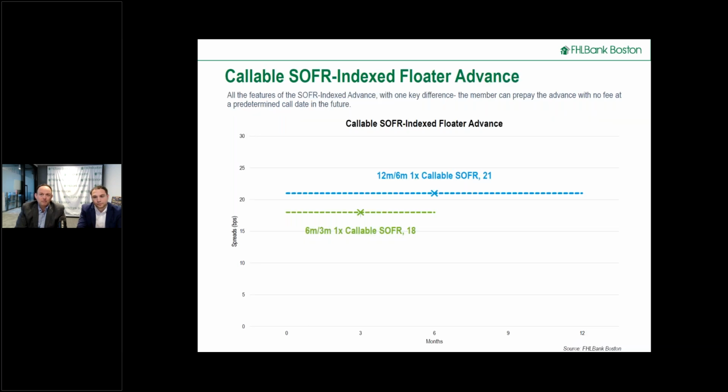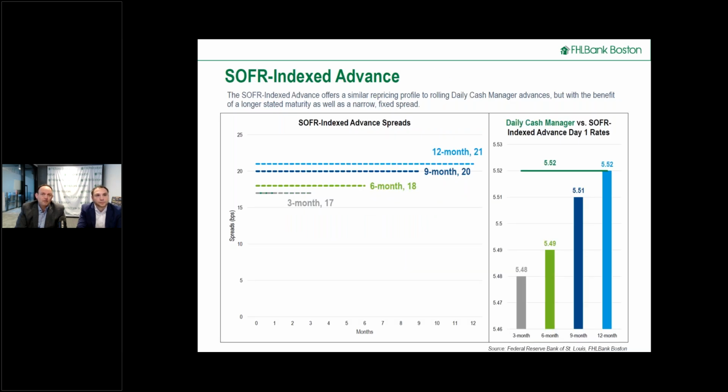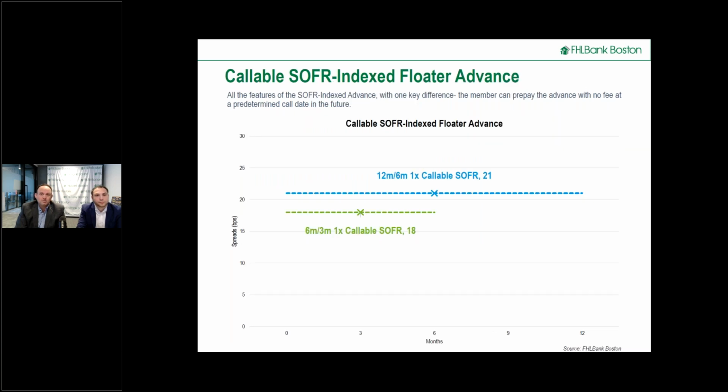And if we look at those spreads of 18 and 21, they compare very favorably. In fact, they're right on top of where the one without the option is. And that has moved around anywhere from the current 0 to 1 or 2 basis points beyond. In any event, that's a modest cost for the considerable value to be able to pay back that advance.